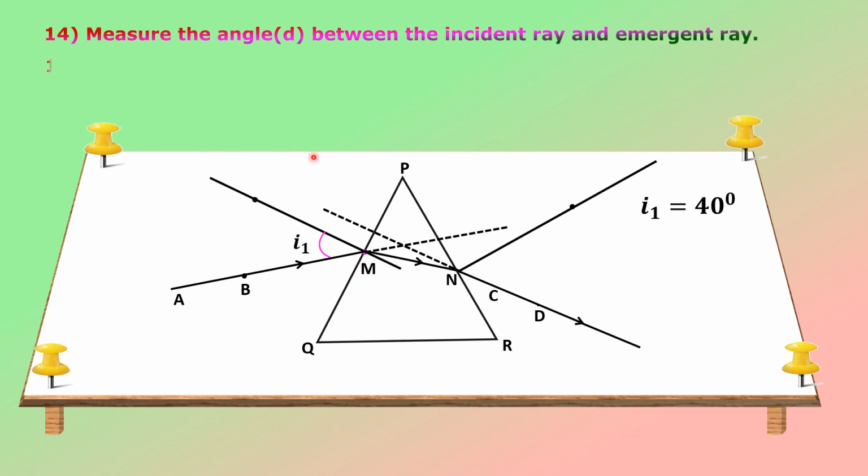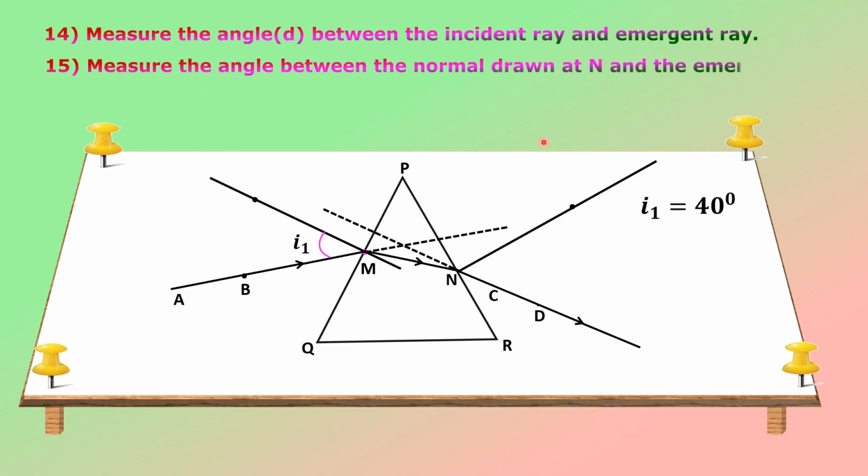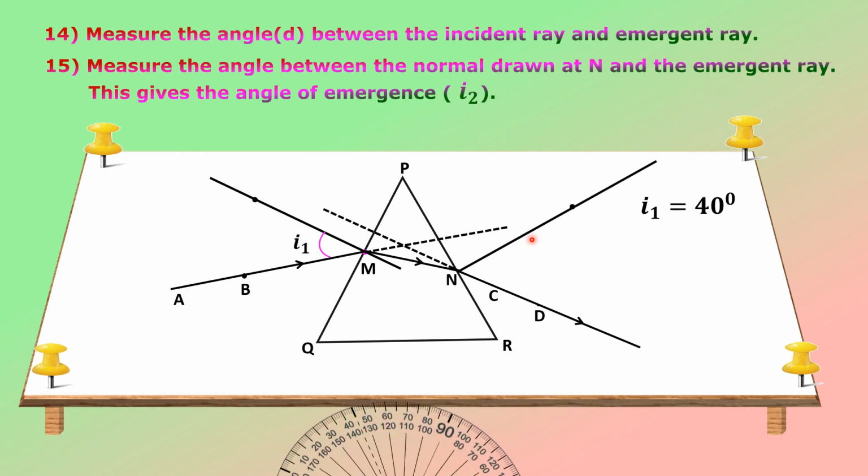That gives the angle of deviation, and later we have to measure the angle between the normal drawn at N and the emergent ray, that gives the angle of emergence. So in each case I will measure these two angles, D and I2. Let us measure D value first.